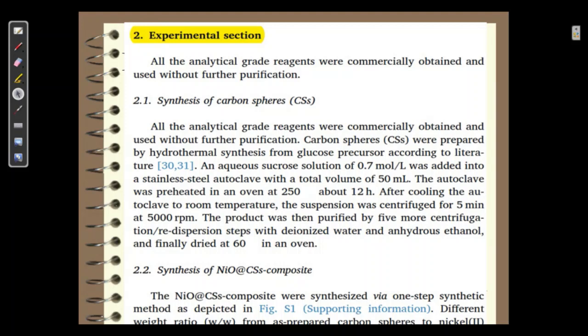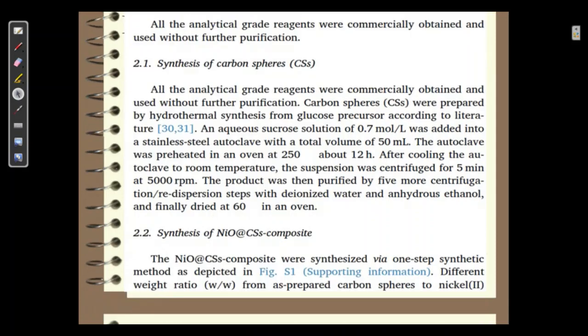Then we have synthesis of the nickel oxide and carbon sphere composite, and so on. So in this sense, the experimental section can tell us what the materials and methods are, how we obtained those materials, and how we applied them, for example, in the perovskite solar cells.